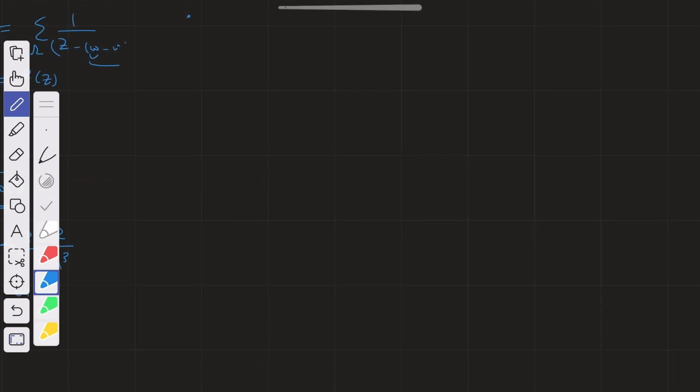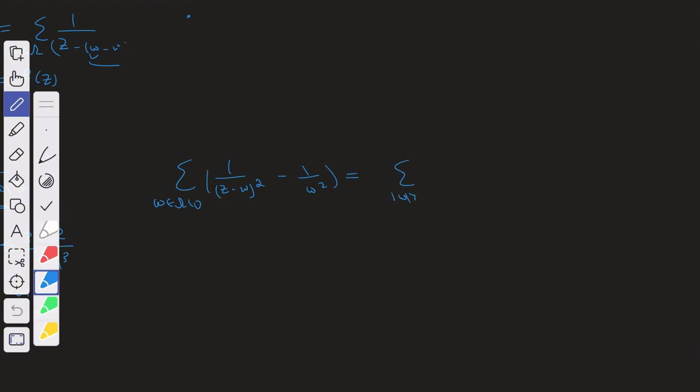So this proves that the tail of the series we're interested in, which is the sum of 1 over (z minus omega) squared minus 1 over omega squared, ranging over the omegas that are not 0, can be written as the sum over the omegas with modulus strictly bigger than r plus the sum over the omegas with modulus less than or equal to r.